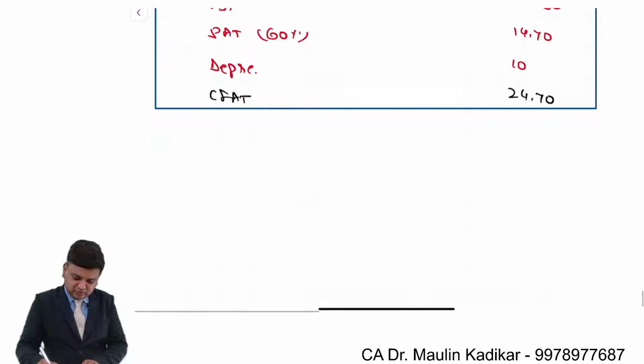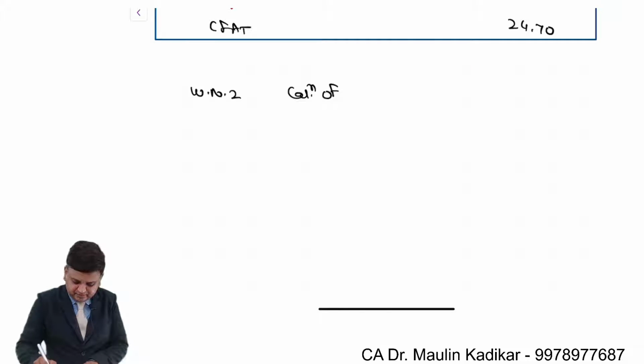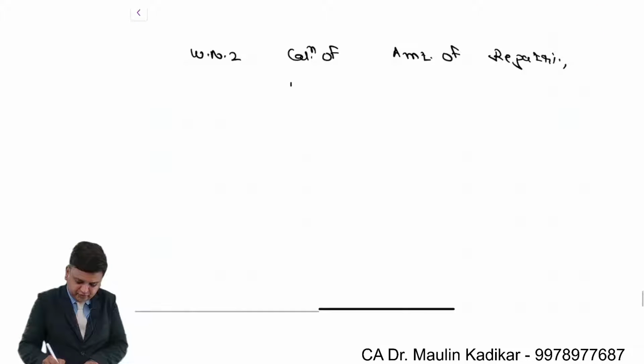Then working note number 2, calculation of amount of repatriation, from year 1 to year 3.